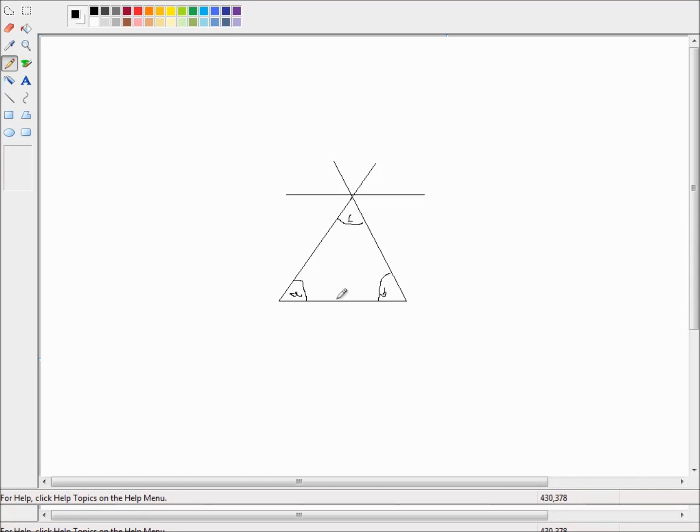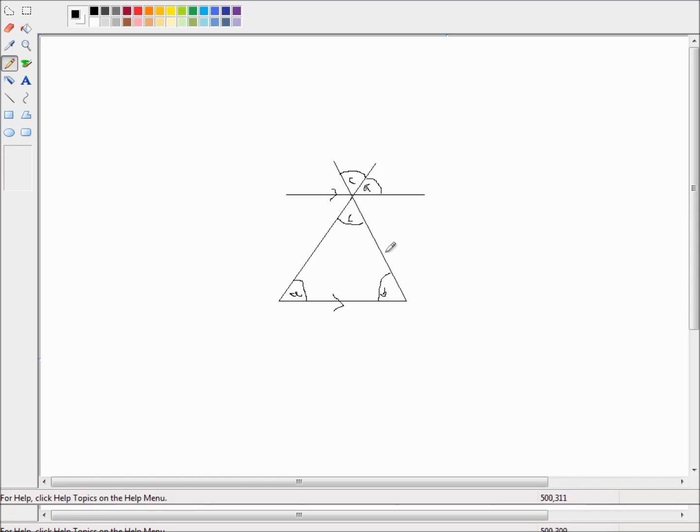So what we know about parallel lines? This line is parallel to this line. Well, we can say that vertically opposite angles are equal. So this angle here is the same as angle C. Now, if this straight line intersects with this line at angle A, then it must also cross this line with the same angle, because these two lines are parallel.